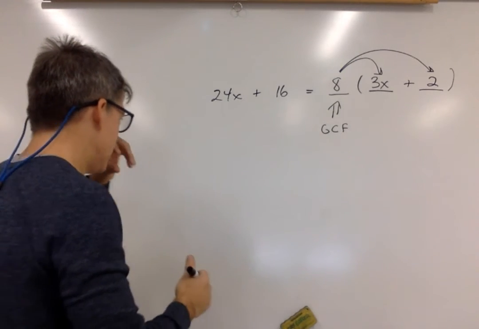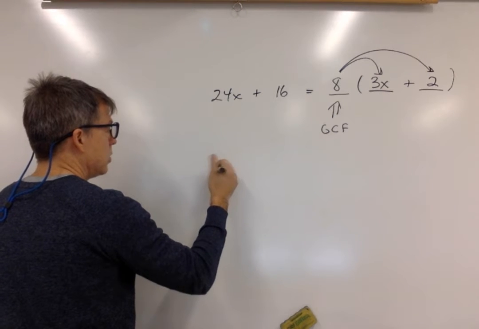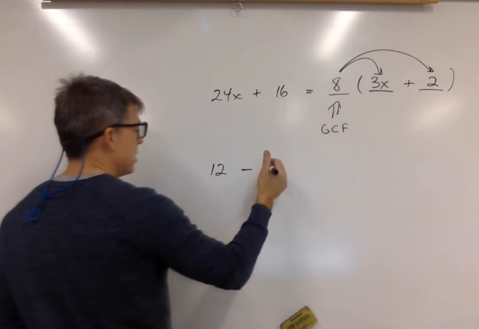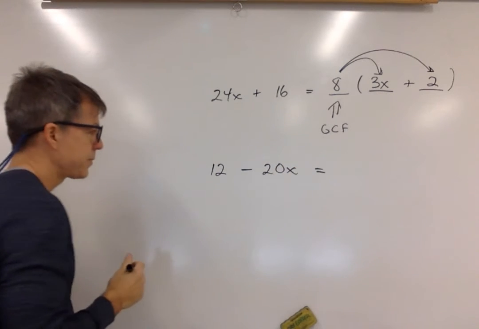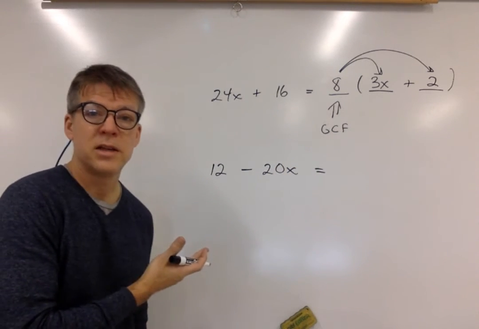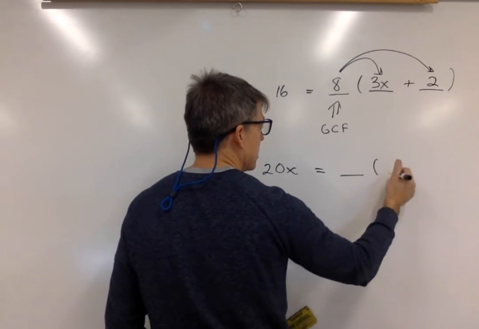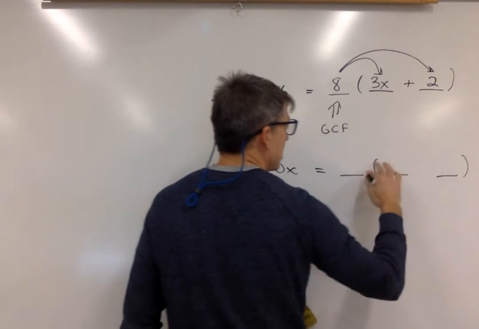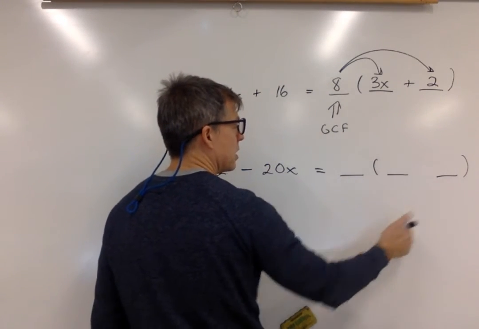So if you do one, let me make one up. Let's go with 12 minus 20x. If I tell you to factor that, set up your frame if you want. You know what, that's fine. I see kids do that all the time. Can I say one thing about this frame? This minus sign here, guess what that means? It's going to be in the middle here.